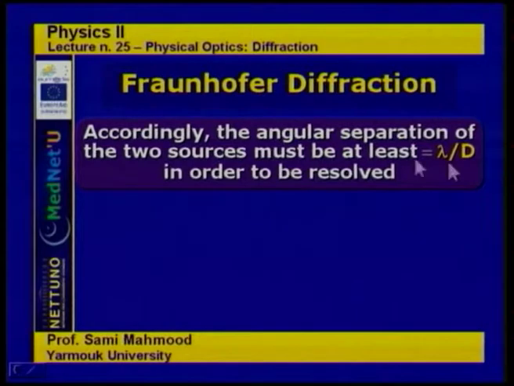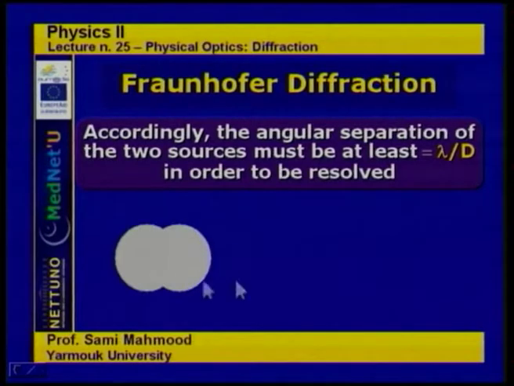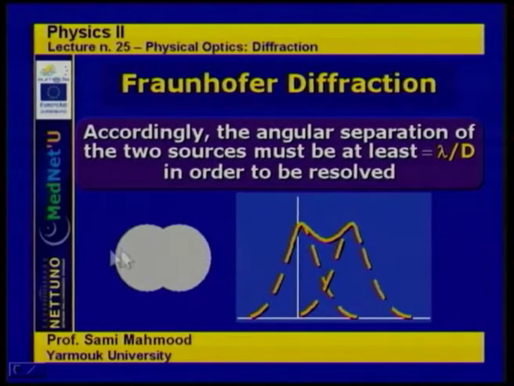Accordingly, the angular separation of the two sources must be at least equal to lambda over d. If the two sources of the diffraction pattern are at an angular separation of at least that much, lambda over d, then they can be resolved, and we can see them as two different images, just like this. Here they are barely resolvable, and barely observed as two different images.